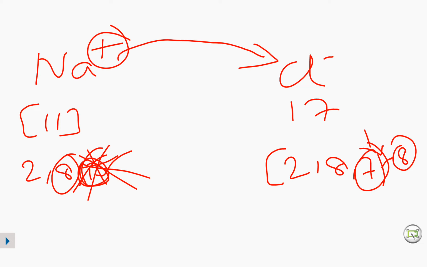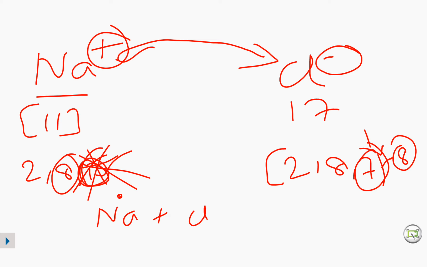Sodium is donating one electron, so it has a positive charge, and chlorine is accepting or gaining, so it will have a minus charge. This is one example, sodium chloride. If you take the Lewis dot structure, sodium has one dot, one extra electron.